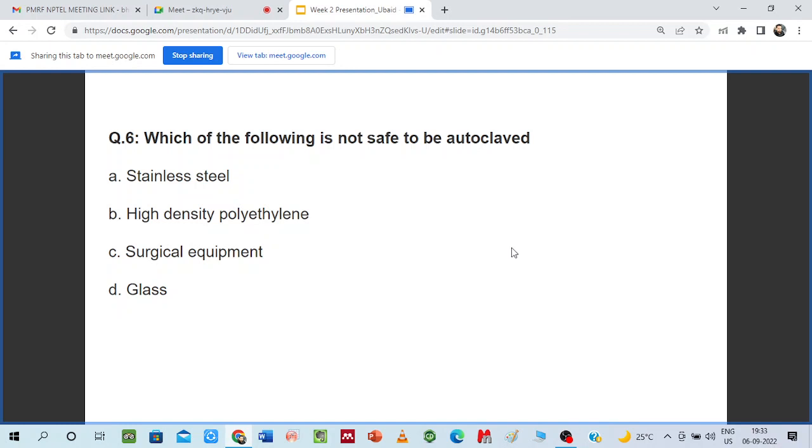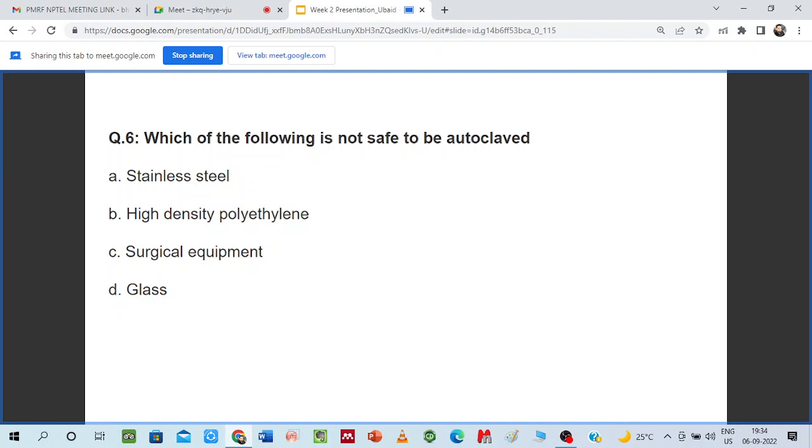Which one of the following is not safe to be autoclaved? Stainless steel, high density polyethylene, surgical equipments, or glass. So most of you have answered correctly.